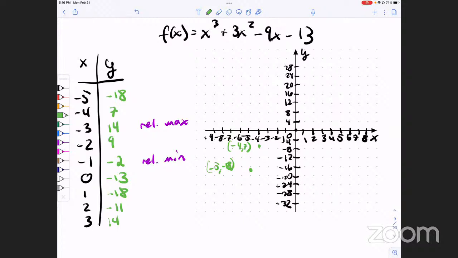That's one here. -2, 9. It's about here. Okay. -1, -2. There's here. This one. 0, -13 is about here.